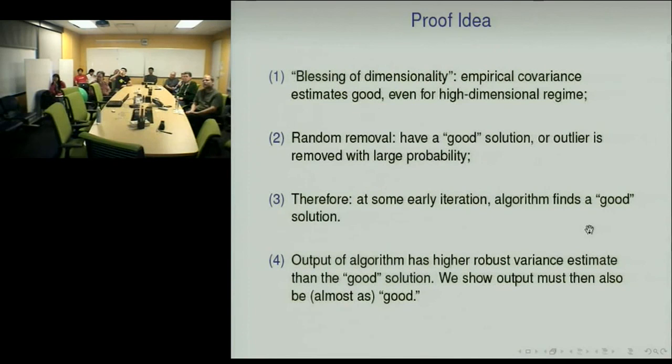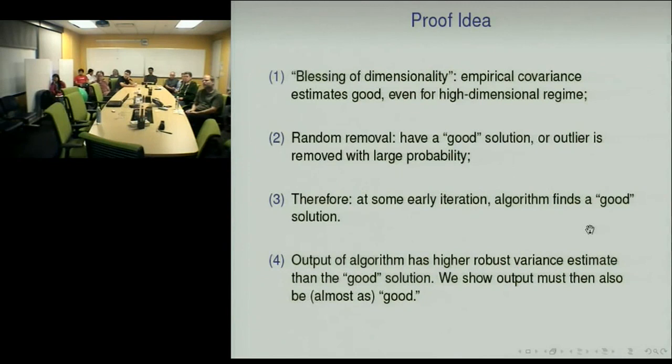The second point is the random removal point. So here we want to be in a win-win situation. So when we throw away a data point, either it's an outlier and then we're happy because we're getting less outliers, or we throw away an authentic point, but then we're happy because the outliers look like authentic points. So we want to be in a situation where if we throw away an outlier, we're happy.